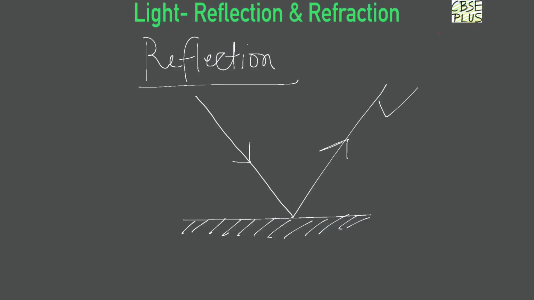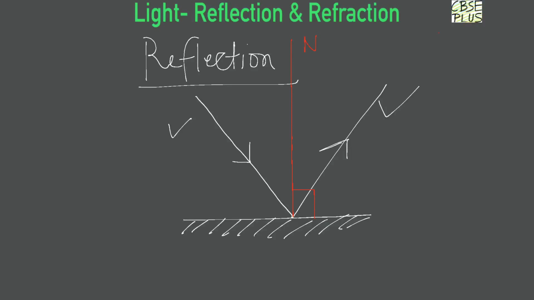So this one is the reflected ray, this is the incident ray. Students, if there is a smooth surface, then there will be a normal. A normal is nothing but a line which makes 90 degrees with the surface. That is called the normal.